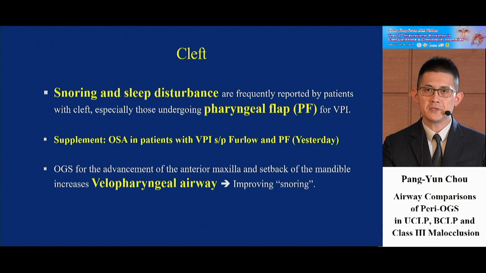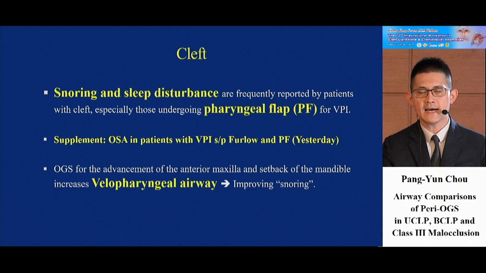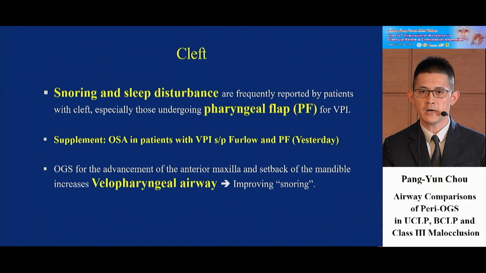At that time, 20 years ago, patients received a pharyngeal flap or the Furlow flap to correct the primary cleft palate, and they received PSG, the sleep study, to evaluate the possibility of a sleeping disorder. Surely, the Furlow group and the pharyngeal flap group both revealed no good sleeping quality afterward, and the pharyngeal flap group had more severe OSA problems afterward.